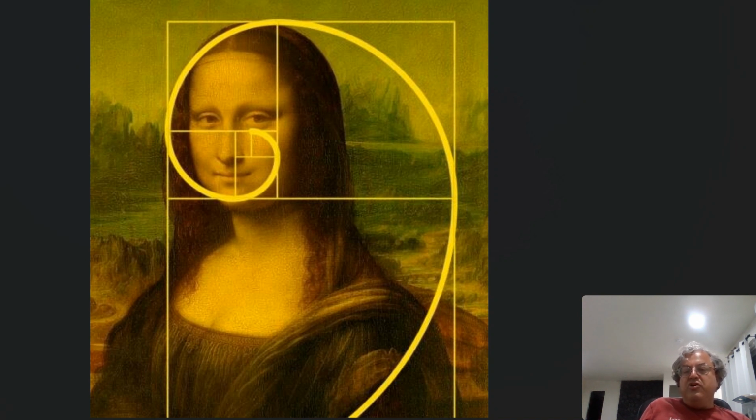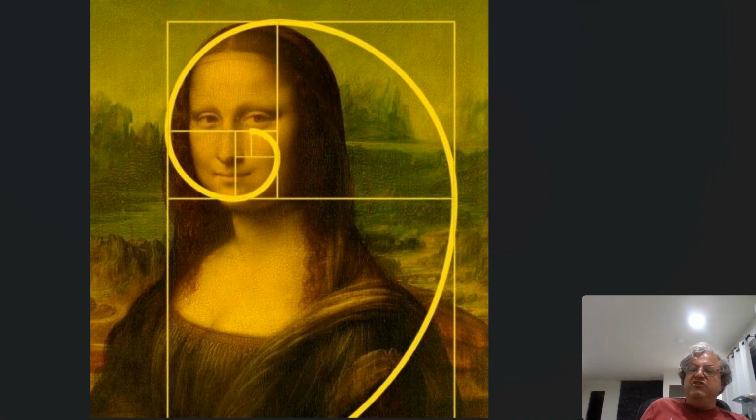Notice that here's a golden rectangle that fits very neatly into the Mona Lisa and all her proportions. If you go from the bottom of the picture to the bottom of her chin, that's a square, and then you have a golden rectangle remaining, and the height of that second golden rectangle is the height of her head, from her chin to the top of her head, and then you can keep going.